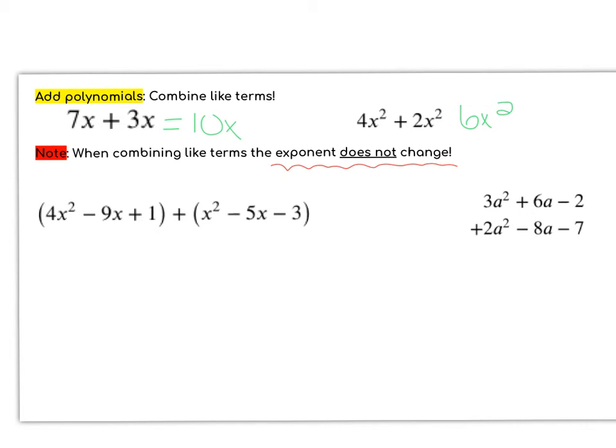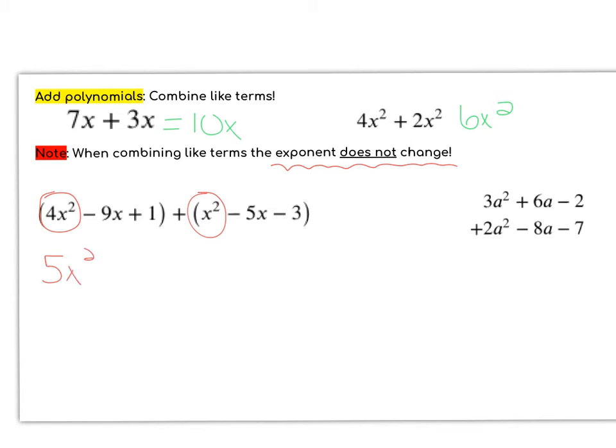So here's what we do. I see the sum of two polynomials. I have parentheses here, 4x squared minus 9x plus 1, and I'm adding to that x squared minus 5x minus 3. Those parentheses don't really need to be there because there's nothing outside of them. So all I'm going to do is look for my like terms. So 4x squared plus x squared, that's a 1x squared.